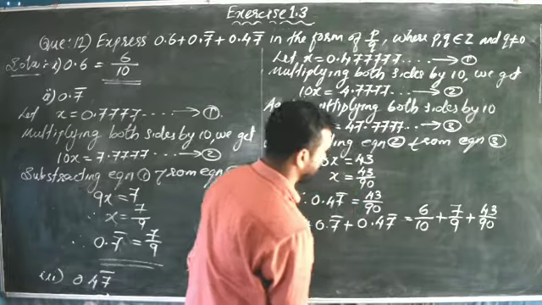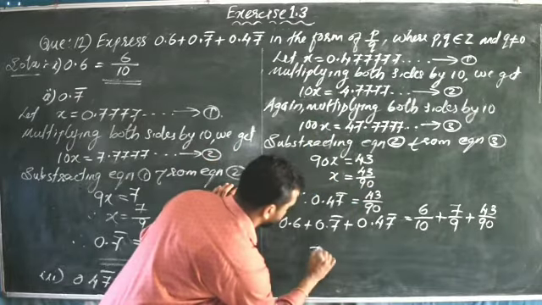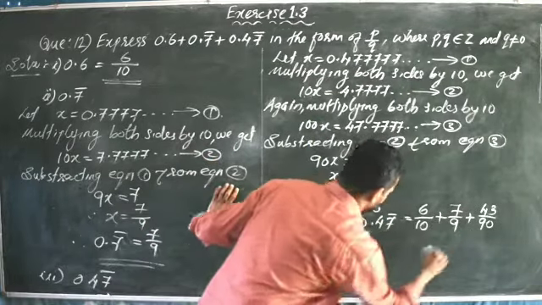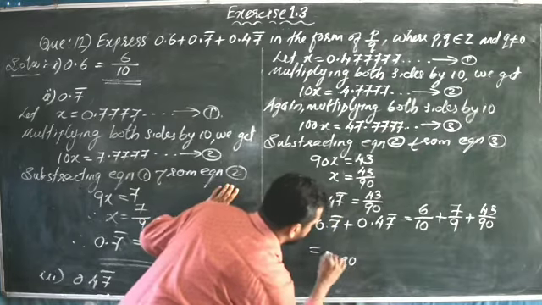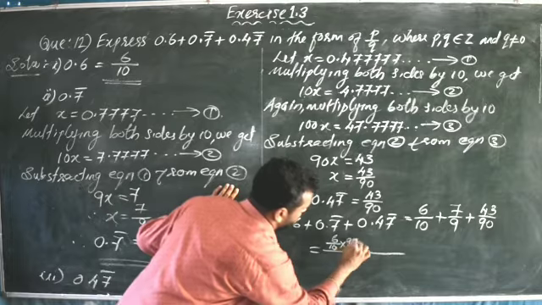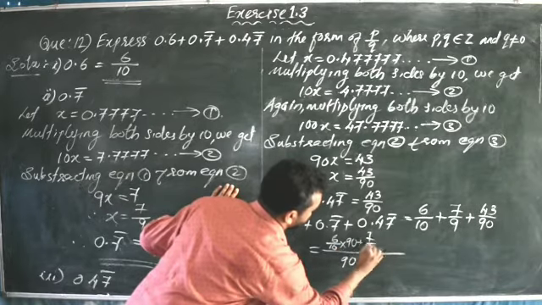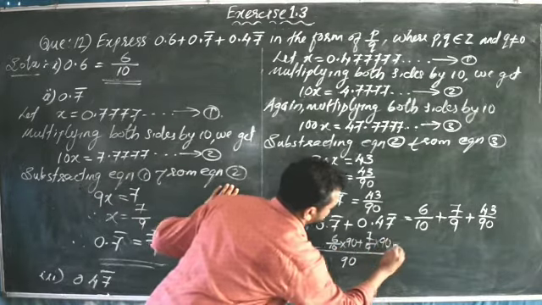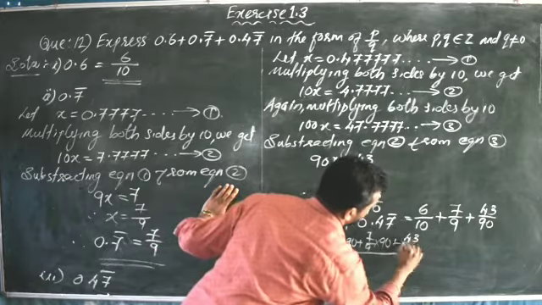Here we have to take the LCM of 10, 9, 90. 90 will be the LCM. Then the numerator is 6 by 10 into 90 plus 7 by 9 into 90 plus 43 by 90 into 90.